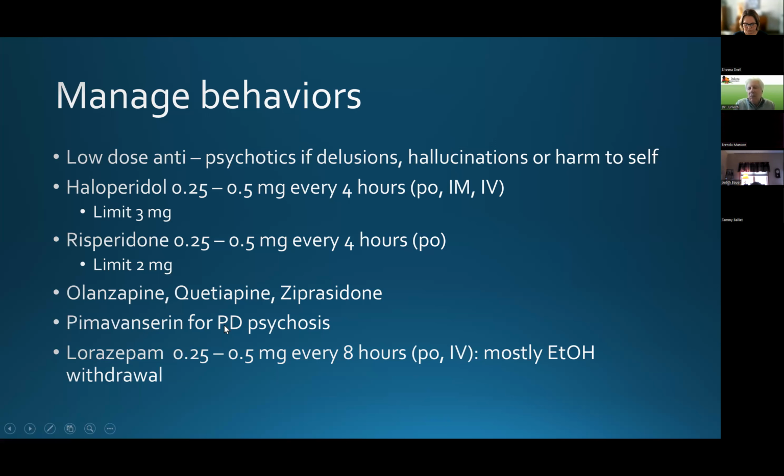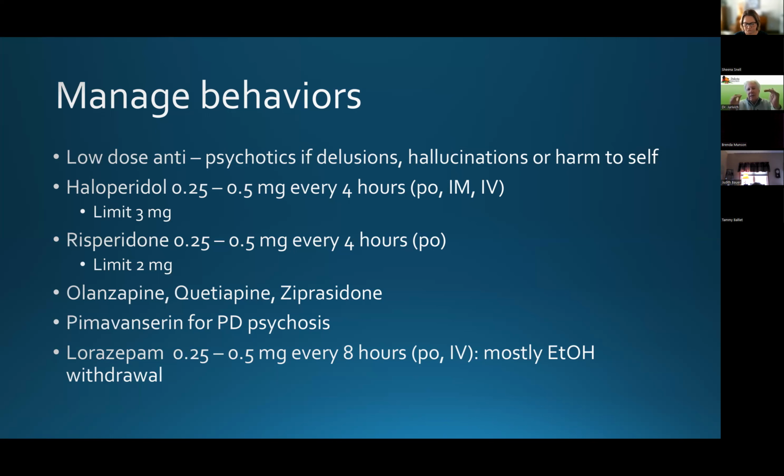And quite honestly, once you've decided to go with these medications, it's all about sedation. That's the problem: you're simply reducing the behavioral agitation by sedating them. And that comes with issues like aspiration, falls, and all the other things that you want to avoid too.